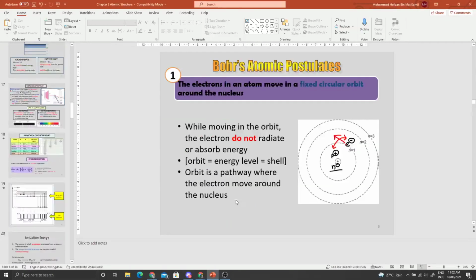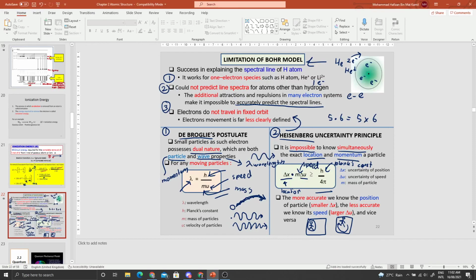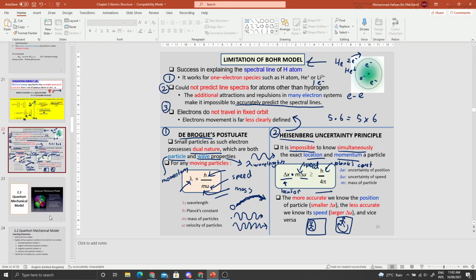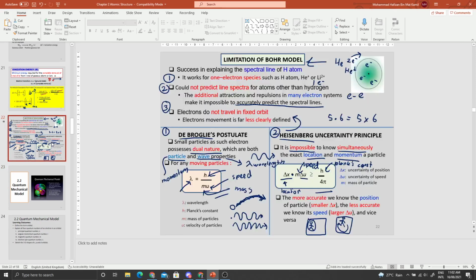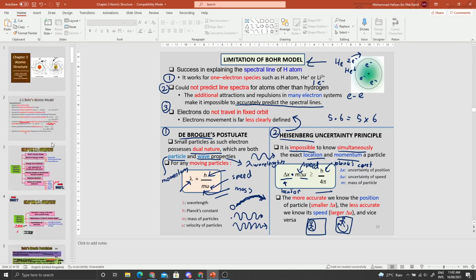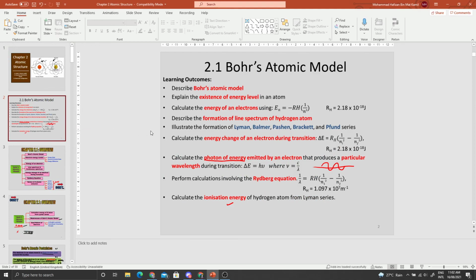So so far we have finished 2.1. Next we will go into 2.2 which is the quantum mechanical model. It's just that for the calculation we have this, which you have to take note that it has a negative. This one has no negative, and this one also has no negative. It's just that this one uses a different Rydberg constant.